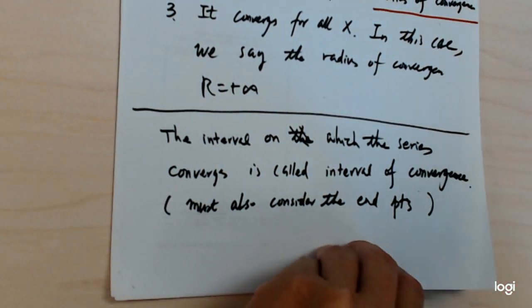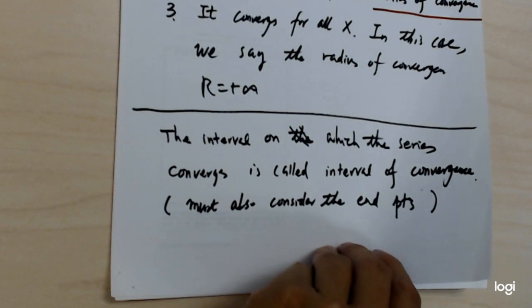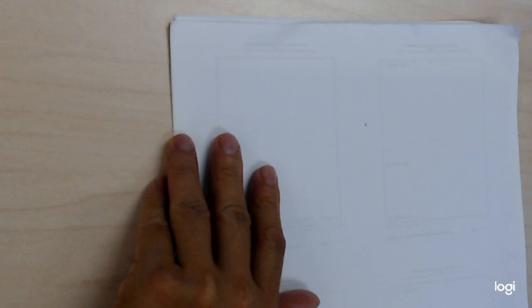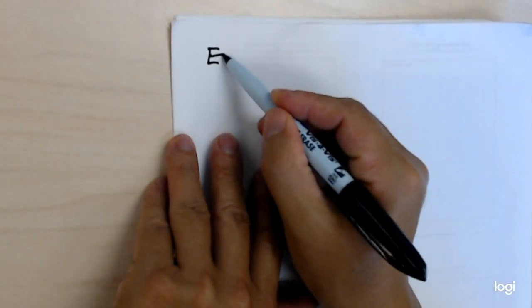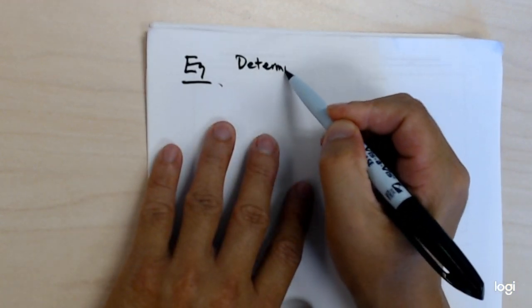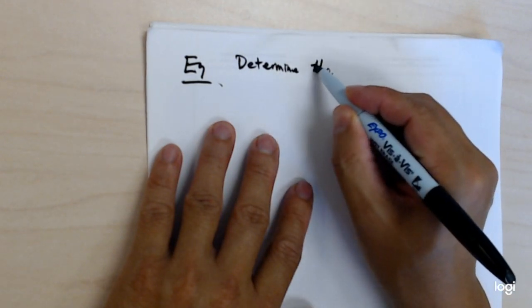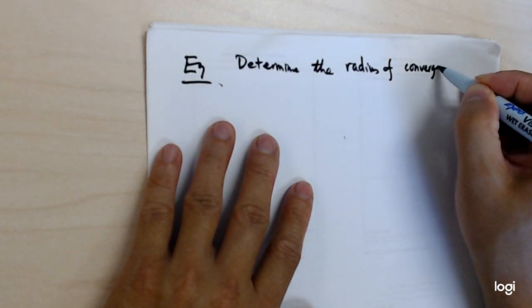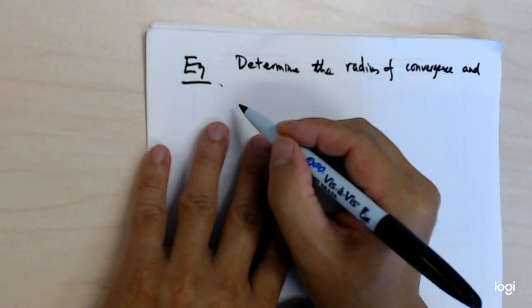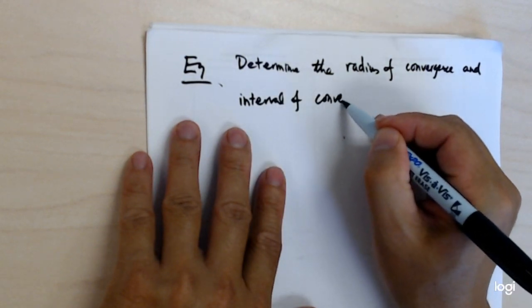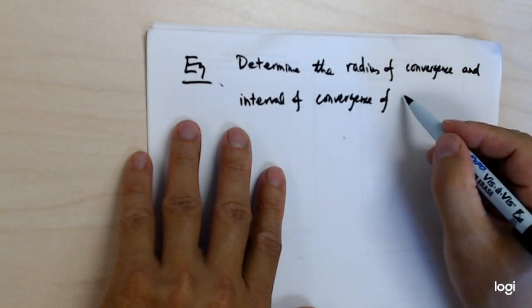Now I will show you an additional example. Find the radius of convergence and interval of convergence of the following power series.